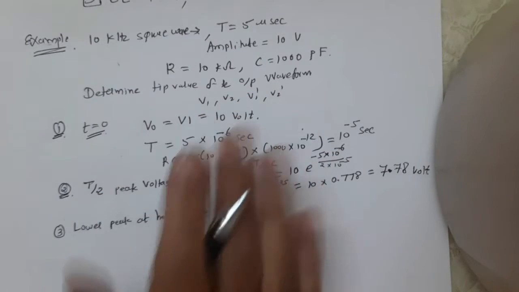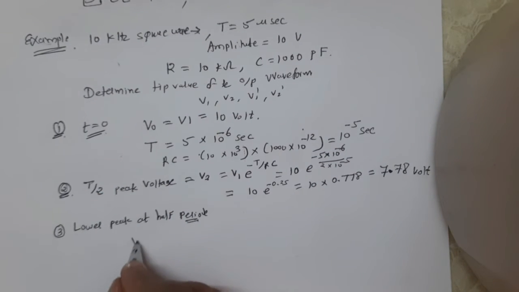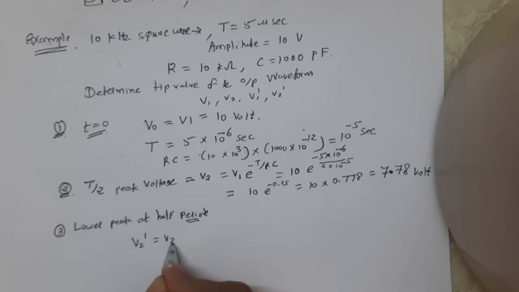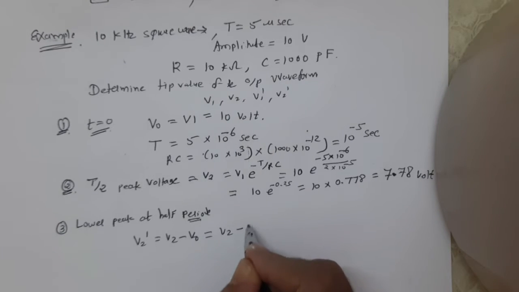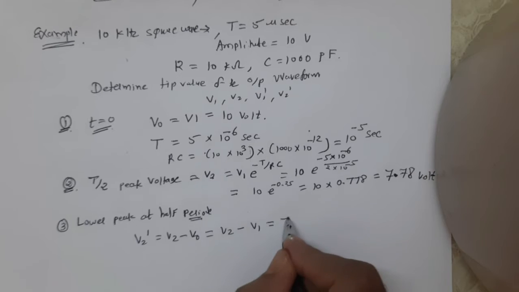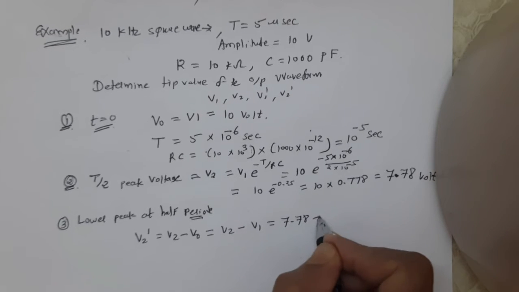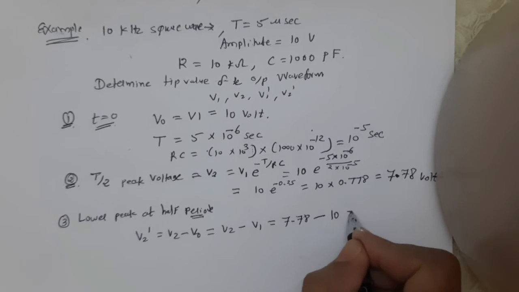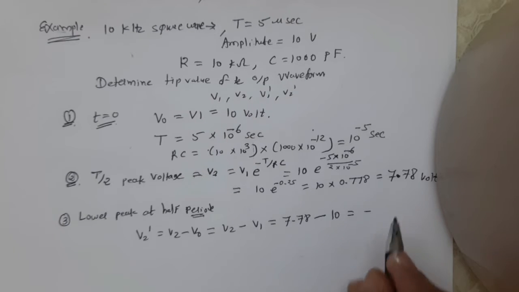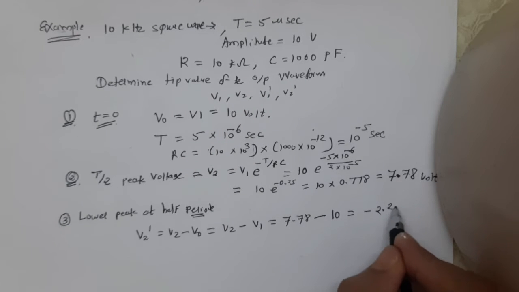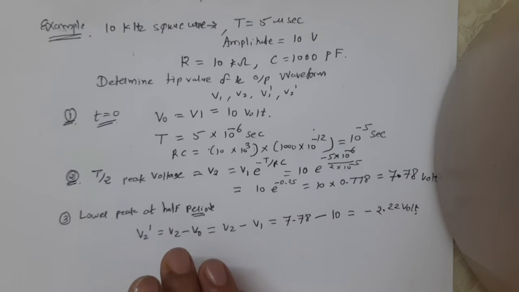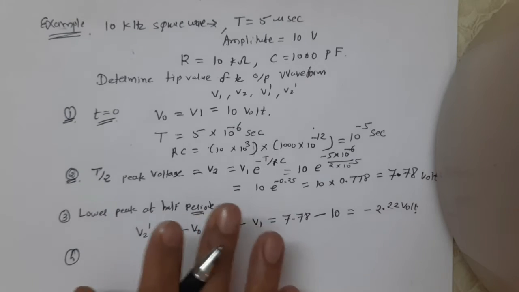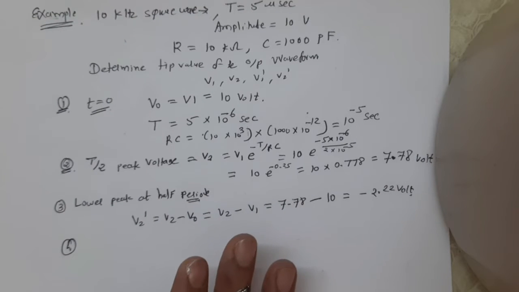To find this, V2 dash is equal to V2 minus V0, which is V2 minus V1, equal to 7.78 minus 10, and this is equal to minus 2.22 volt.